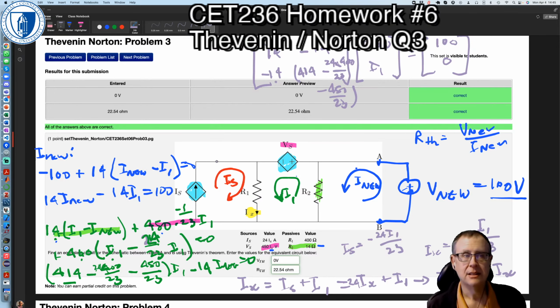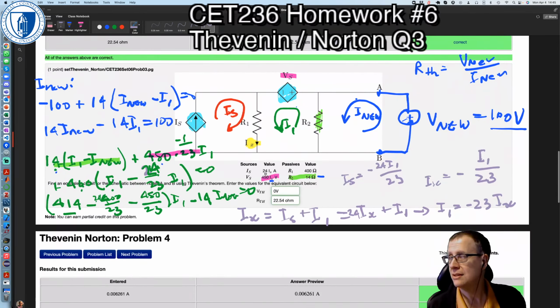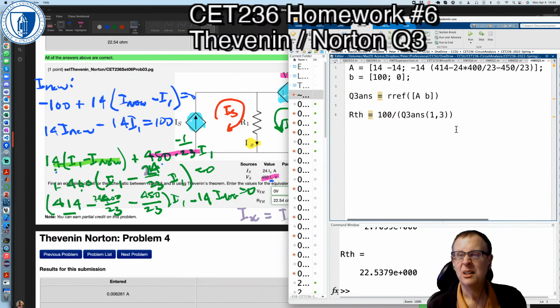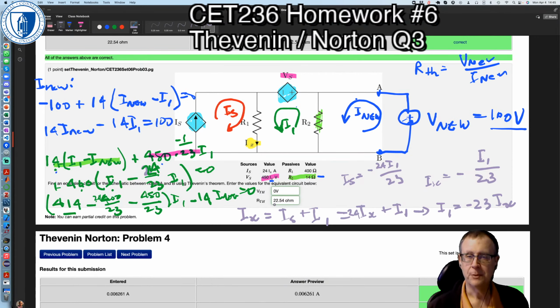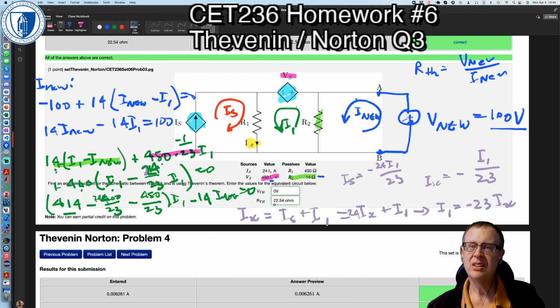From there, I should have scrolled that up so you could see it. So from there, we can put it into the matrix. So there's our 14, minus 14, minus 14, 415 minus 24 times 400 on 23 minus 450 on 23, and that gets us our 22.53. We're not done yet. That's our RTH, right?